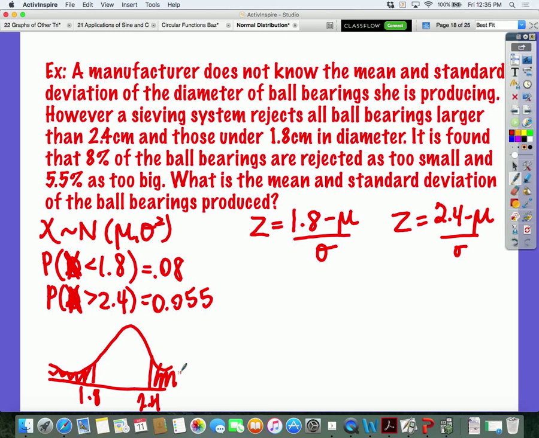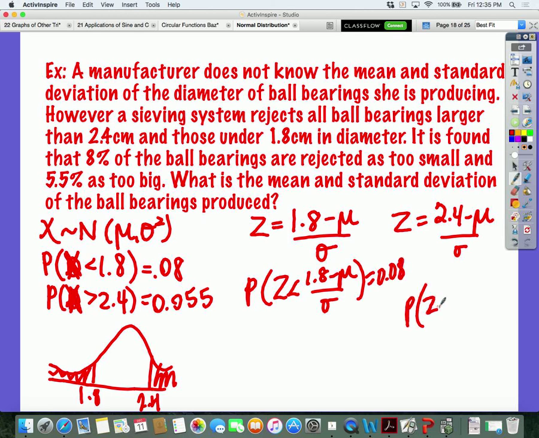Once we get our expression, we have the probability that z is less than this, equals 0.08. And for this one, we want the probability that's to the left of this one, so we have to switch it.